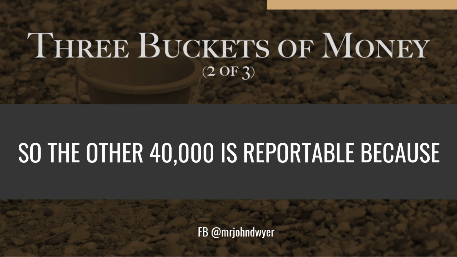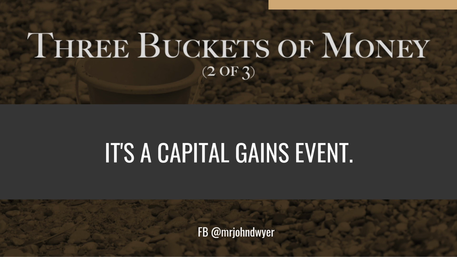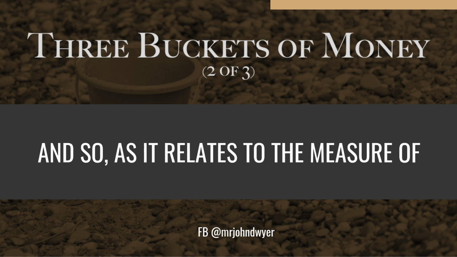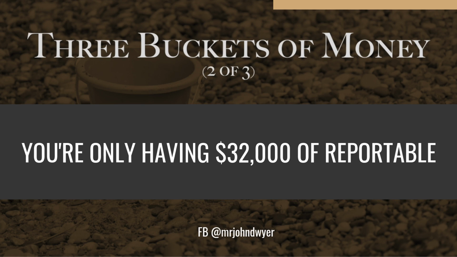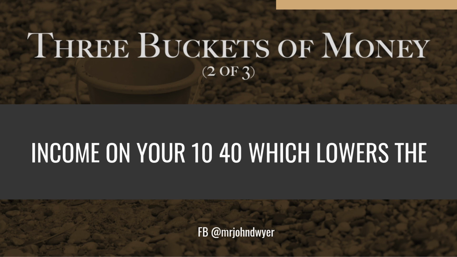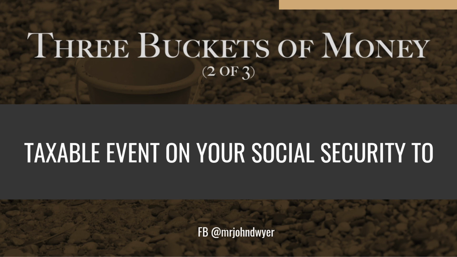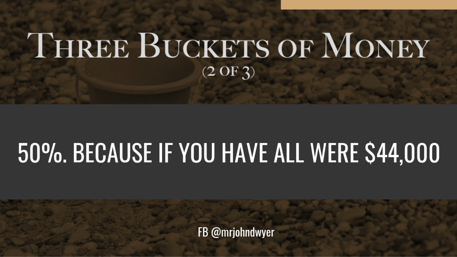Right. So the other 40,000 is reportable because it's a capital gains event. And so as it relates to the measure of Social Security tax, you're only having $32,000 of reportable income on your 1040, which lowers the taxable event on your Social Security to 50%.